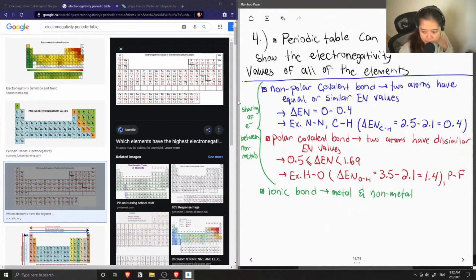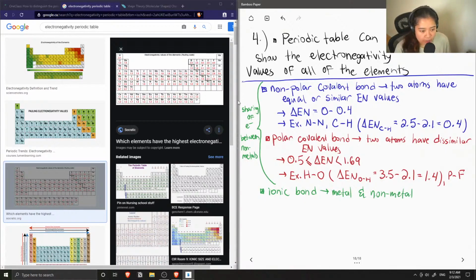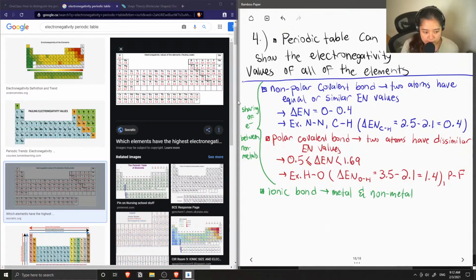So even if you were to calculate the difference in electronegativity for a bond and it was greater than 1.69, if it doesn't include a metal in it, it is still considered polar covalent, because ionic bonds are between a metal and a nonmetal. Typically, their electronegativity differences are much higher, greater than 1.7.